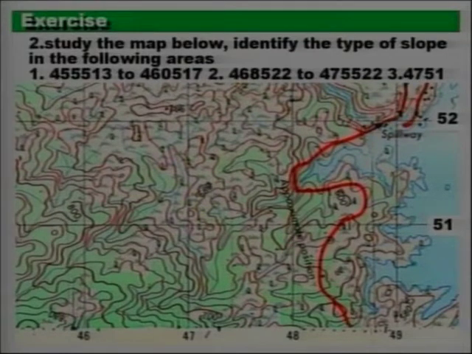He says it is a concave slope, which means at the bottom of the feature, the contour lines will be further apart, and at the top of the feature, they will be close together, according to Gideon's answer. Do we agree with him on that answer? Yes? So at the top of that slope, contour lines are close together. At the bottom of that slope, they are further away from each other.